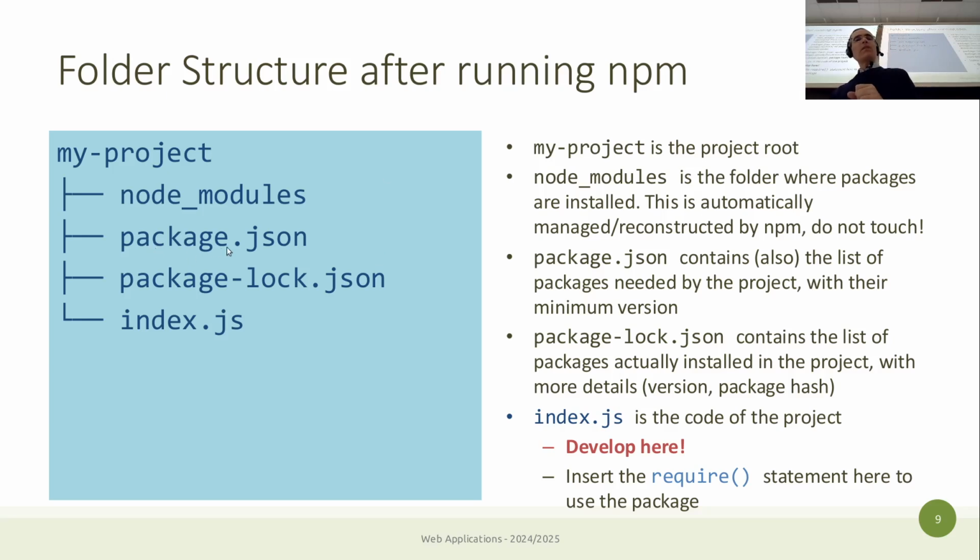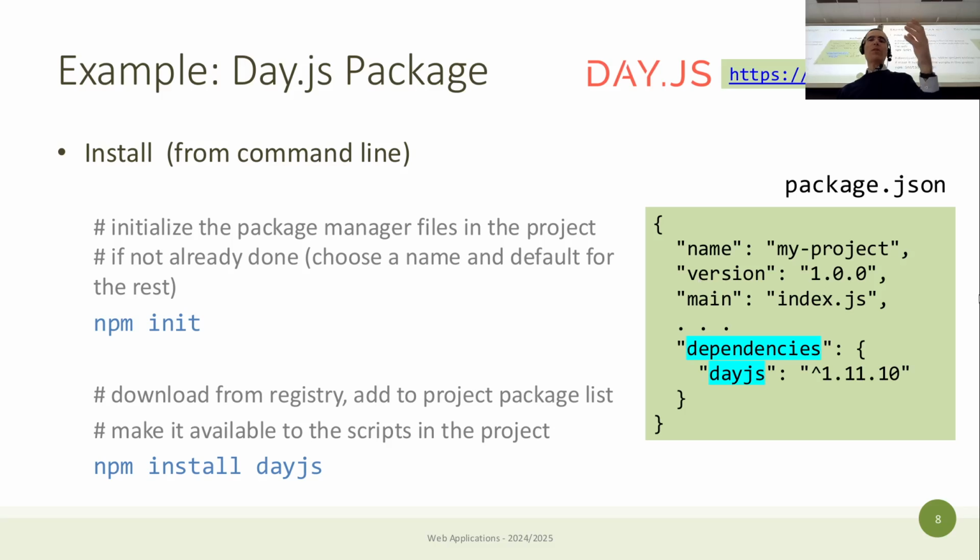You can have a look at the package.json and the package-lock.json, which are similar. Package.json is very readable. We already saw the example here. It's a sort of object, a JavaScript object. It's not really an object. We will talk later about the JSON format. But you see there are key-value pairs, and of course it's not JavaScript code.